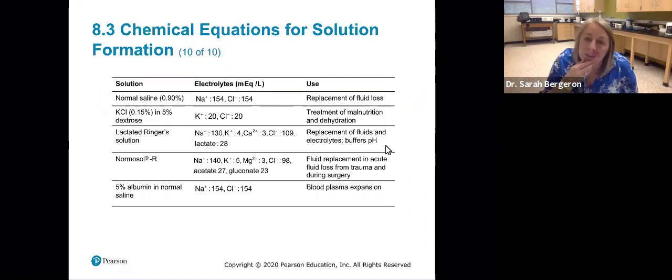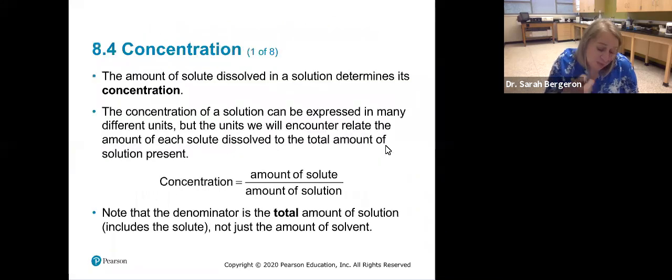A lot of times, if you have a lot of fluid loss and you really need to be careful that maybe their blood pH is off, then you're going to give them a slightly different solution, and it's going to have some ions in it, but it also has lactate in it. So there are all kinds of different things that you need to be very careful about, giving them the correct ratio of negative to positive ions so that you treat them correctly and you don't end up killing them.